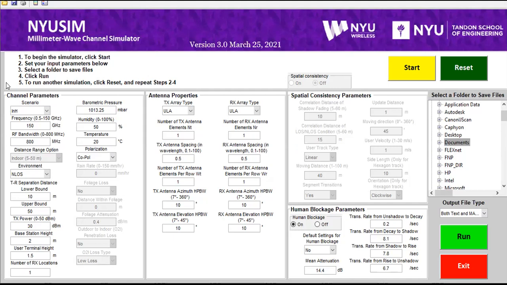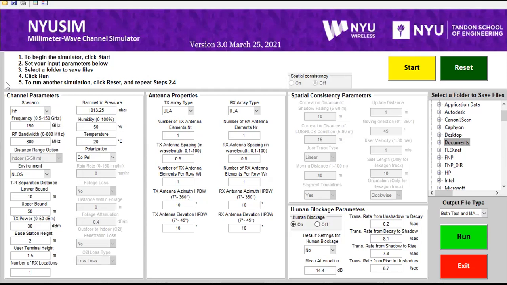So when we compare, which figure should we look at? The most important figures are, see, the first few figures, figure 1, 2, 3, show you the input conditions, how the UT is moving with respect to the base station position.